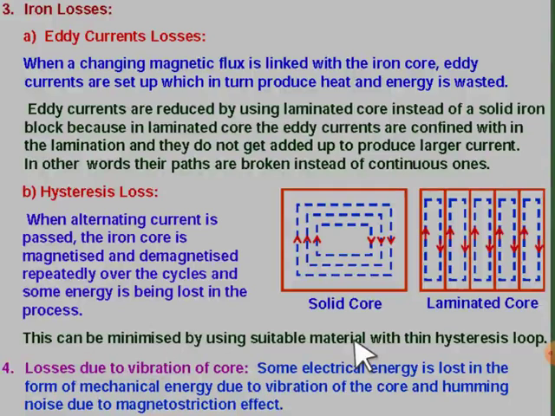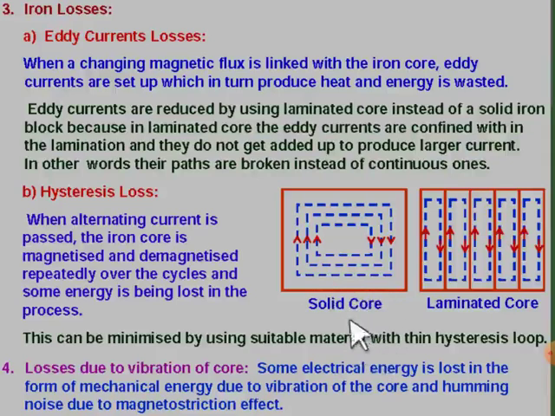If you take a hysteresis loop of larger area, just like that of steel or alnico, then the hysteresis loop will be very wide, and this loop area is directly proportional to the amount of energy spent during magnetization and demagnetization.